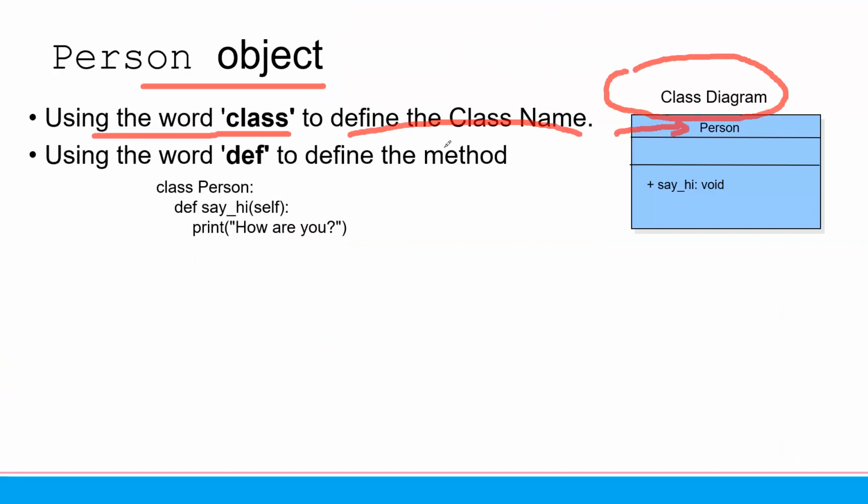The class name is Person, and as you know, we can use def to define one function. So I have one class Person, and in this class I have one function, and in this function I will have one statement.